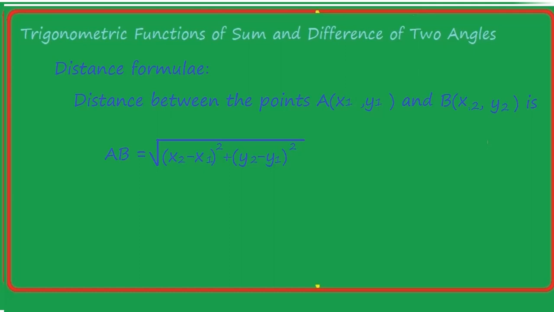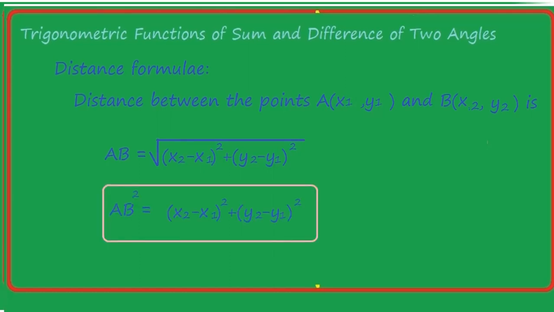And that can be written like this. Instead of writing the square root, we remove it and write AB square is equal to (x2 minus x1) whole square plus (y2 minus y1) whole square. We should remember this result. We will apply this result for deriving the formula.